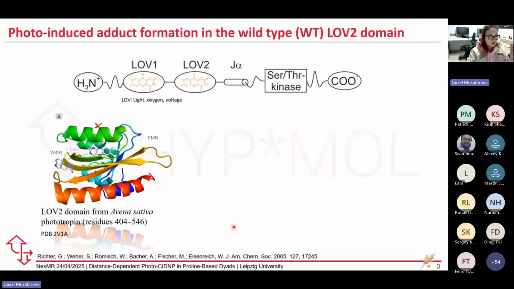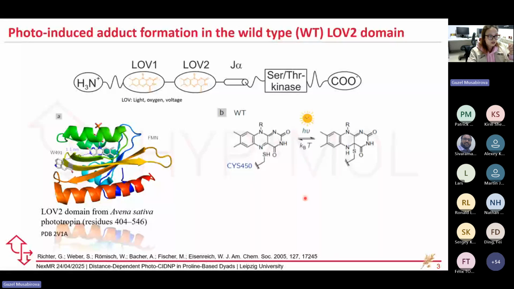If we have blue light illumination, it triggers a chemical reaction, and usually a covalent bond forms between FMN and a cysteine residue. This light-induced bond is called an adduct, and it is reversible. It breaks back in the dark.